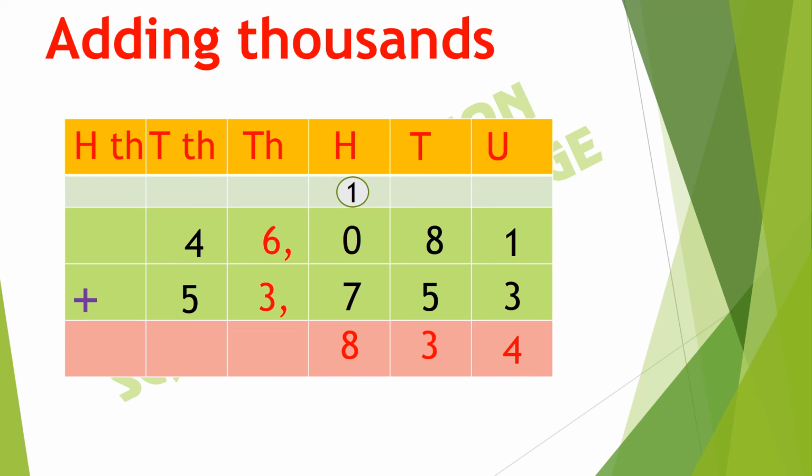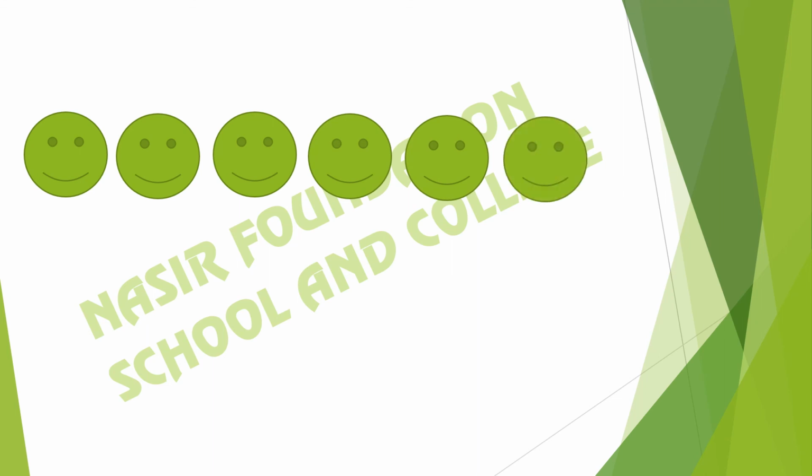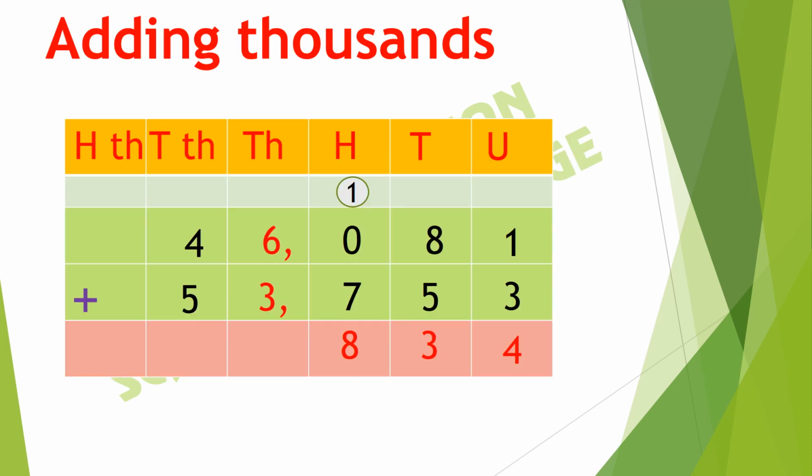After the addition of hundreds, we will add thousands. In thousands there is 6 and 3. Now add 6 and 3. 1, 2, 3, 4, 5, 6. To 6 we will add 3. 7, 8, 9. Here it comes 9 in the thousands column.